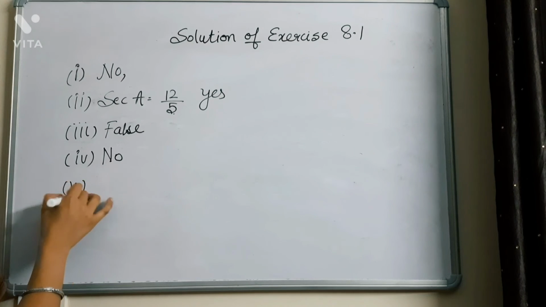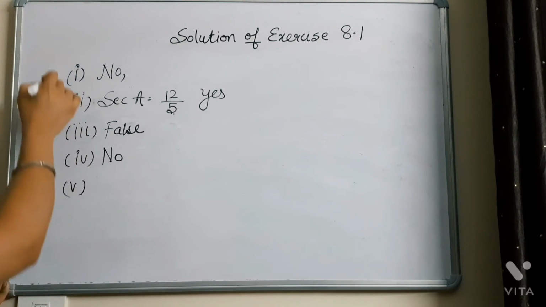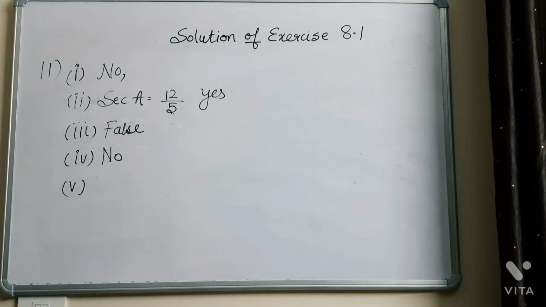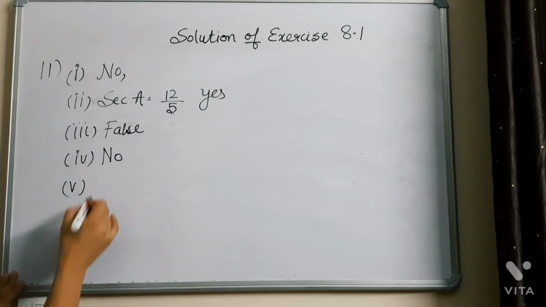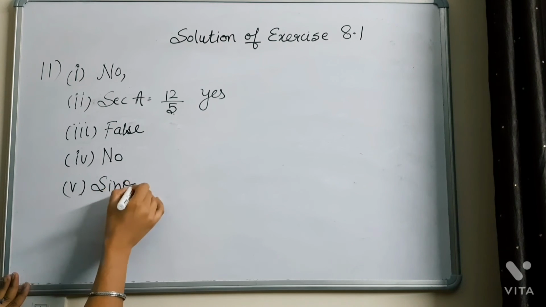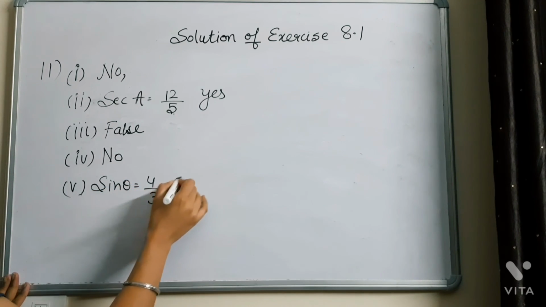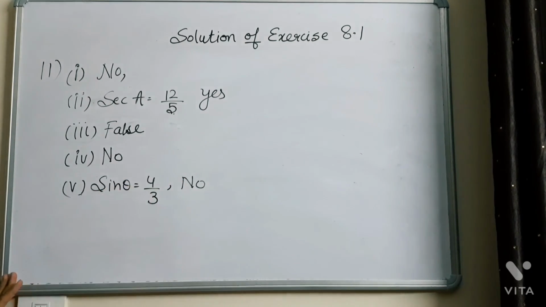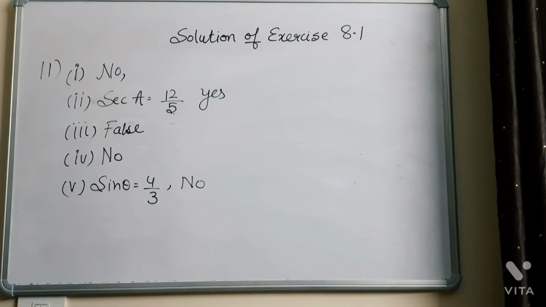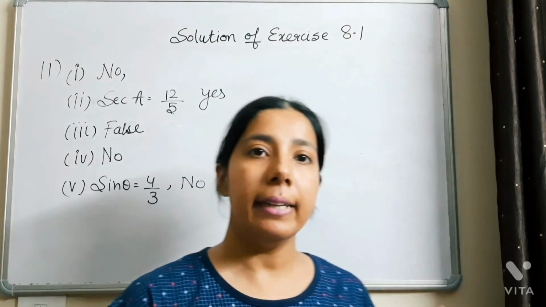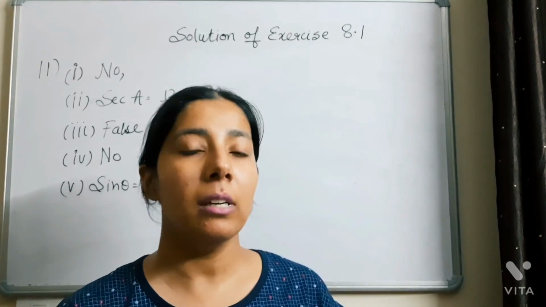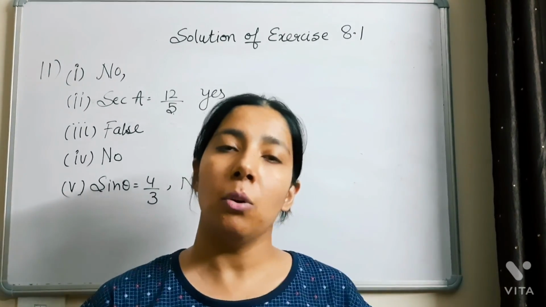Now question number 5 of 11. Sin theta is equal to 4 by 3. No. Because sine can never take a value which is greater than 1. Sin theta always lies between -1 and 1. It can take values only between -1 and 1.